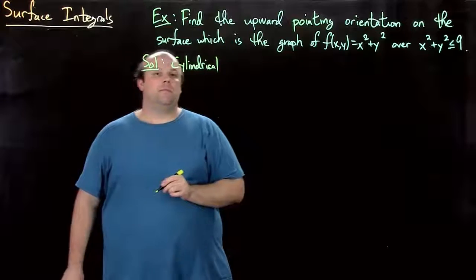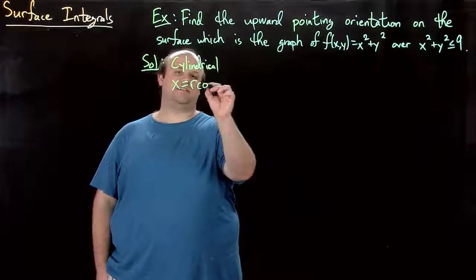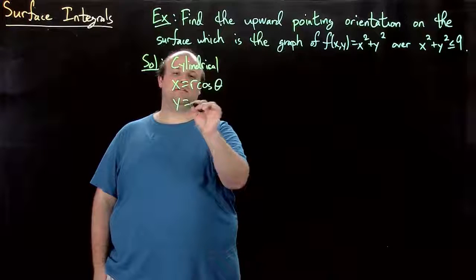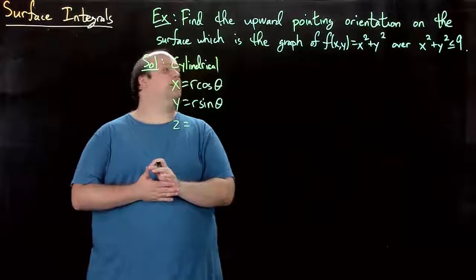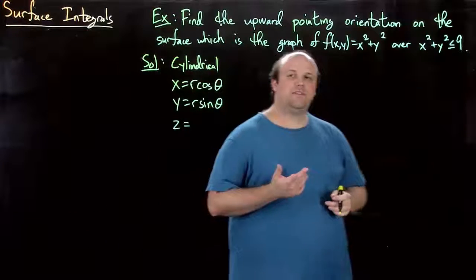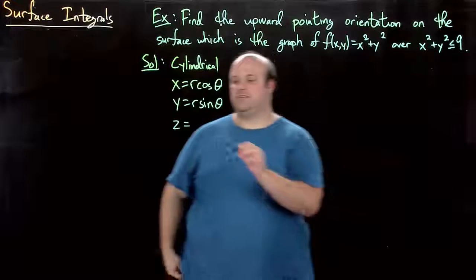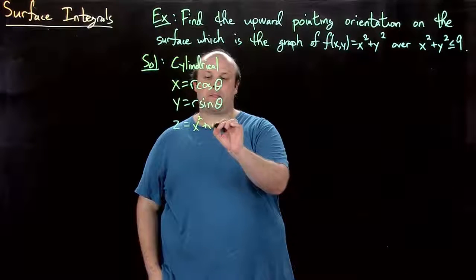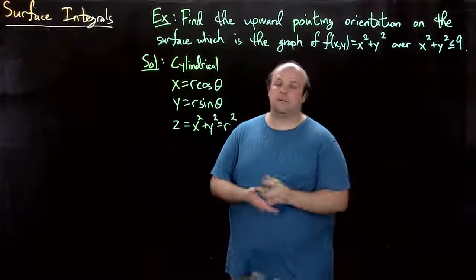So here, x is r cosine theta, y is r sine theta, and z, well, on this surface, z is f, so z is x squared plus y squared, and so that means z is just r squared.